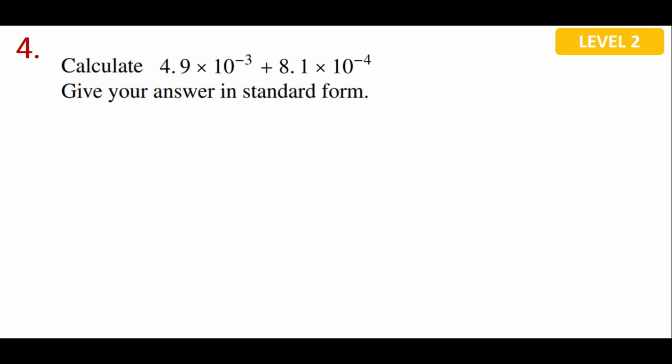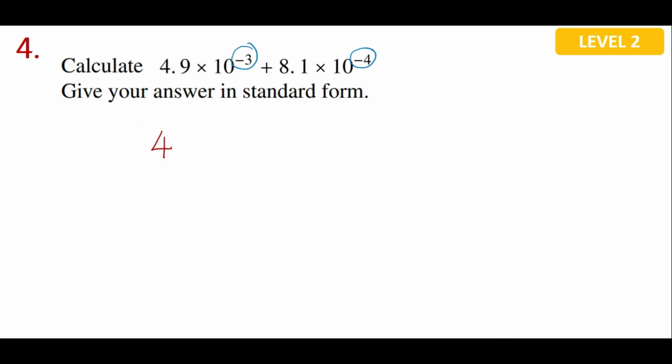Question 4. Calculate 4.9 times 10 to the power of minus 3 plus 8.1 times 10 to the power of minus 4. Give your answer in standard form. As a step 1, try to make the powers the same for both these terms.